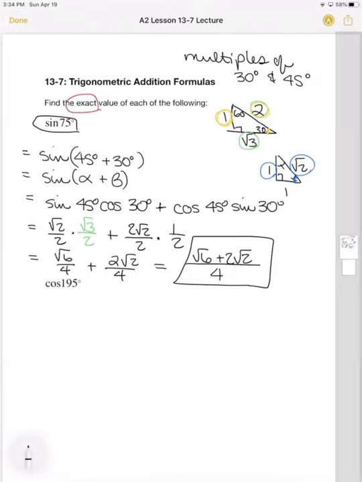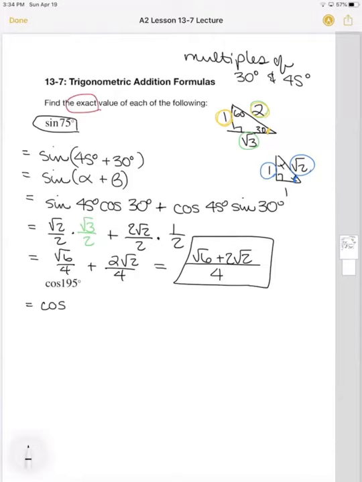Now, let's look at the cosine of 195 degrees. Well, there are several ways to do this, okay? There's several combinations. We could use the sum of 135 and 60. There's several we could use, but what I'm going to do is use a subtraction formula just so we can practice that.